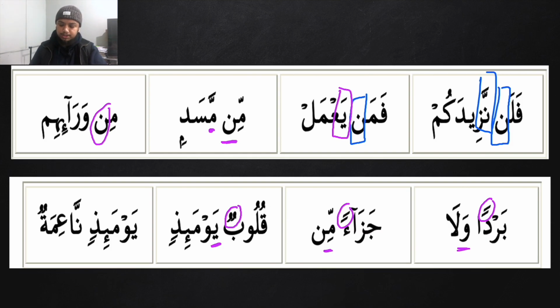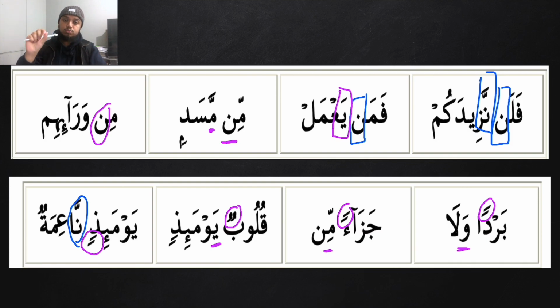Lastly we have yawma'idhin na'imah. We have tanween, yawma'idhin, dhin, followed by a noon, which is one of the 6 yarmalun letters, and more specifically it is one of the 4 yanmu letters.